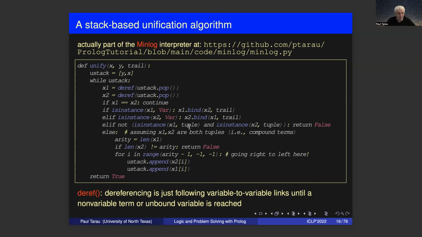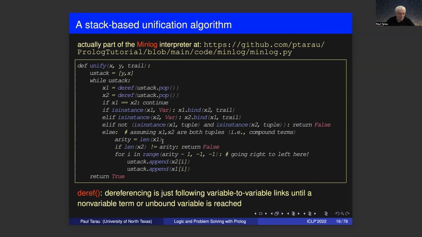It's almost a one-to-one mapping between Python and Prolog, Prolog terms on one side and nested tuples on the other side. So if x1 is a compound term and x2 also a compound term, then you will do more case analysis here. But if it's not the case, because they happen not to be equal, then you have to return false here.